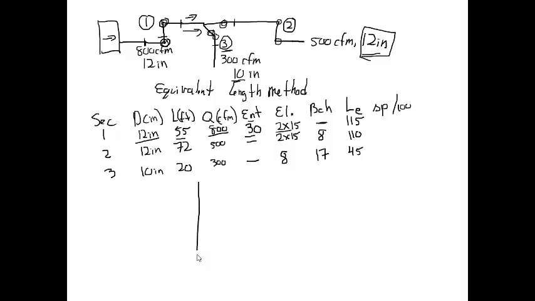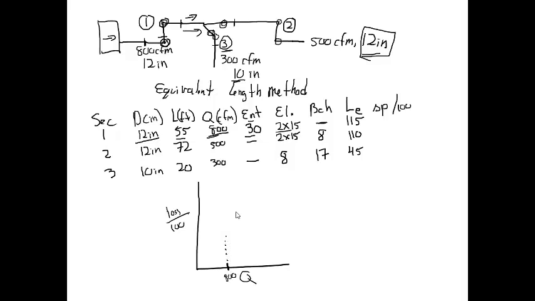So if you look at your chart, you should see on the y-axis your friction loss in terms of loss per 100 feet, and then flow rate on the x-axis. Find, for this example, 800 CFM. All right, so let's say it's right there.